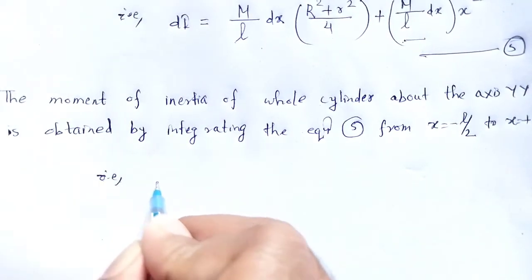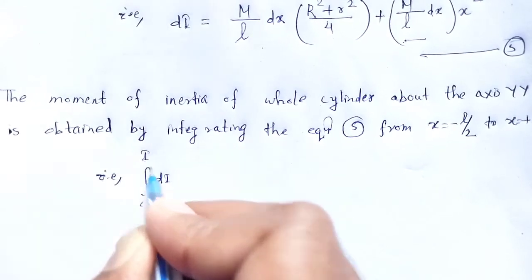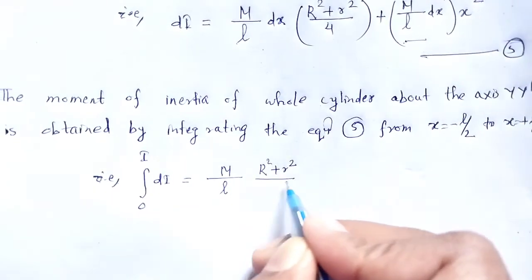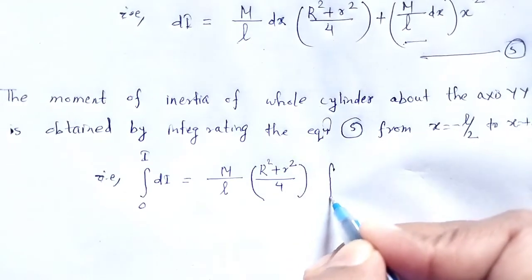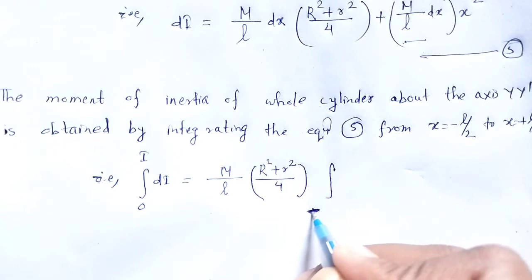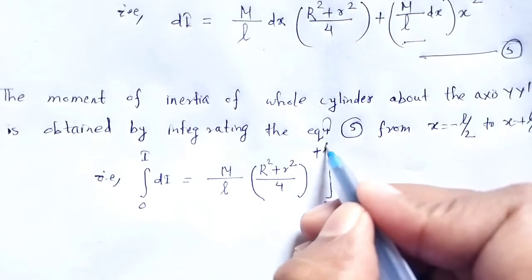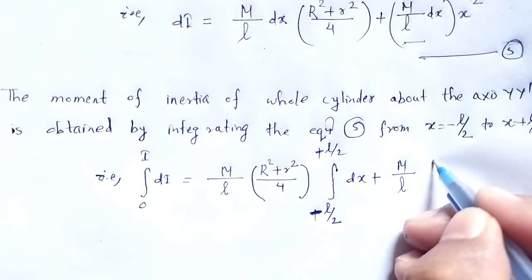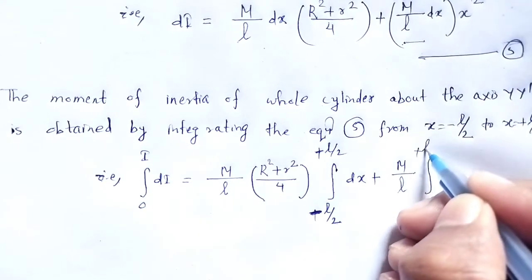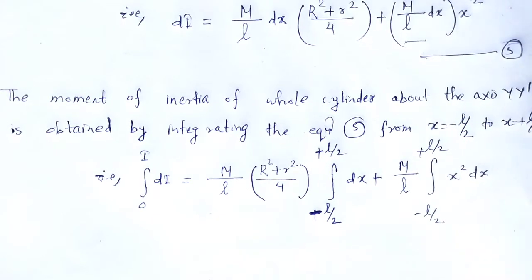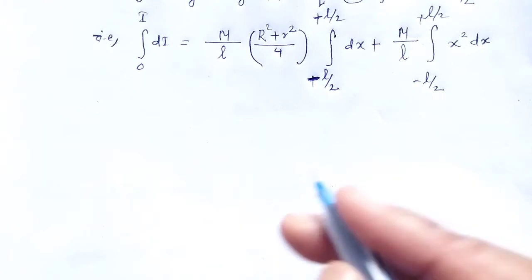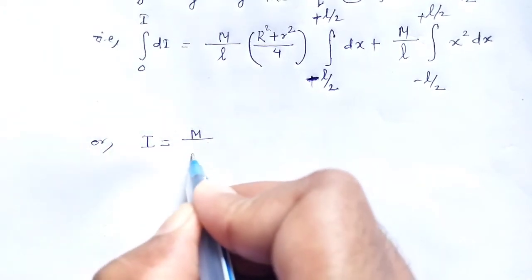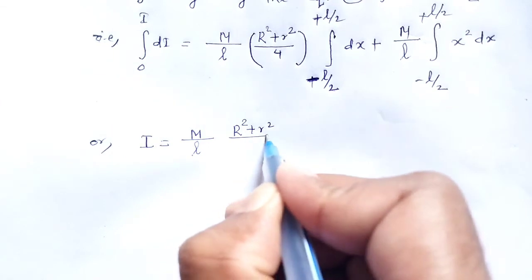That is, dI from 0 to I equals m by L, r square plus r square divided by 4, with the limit minus L by 2 to plus L by 2 dx, plus m by L, minus L by 2 to plus L by 2 x square dx, or I is equal to m by L, r square plus r square divided by 4.